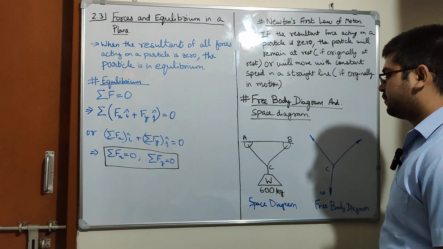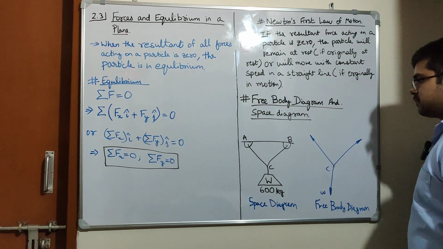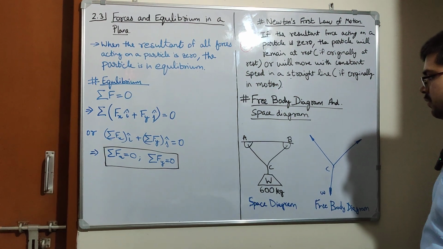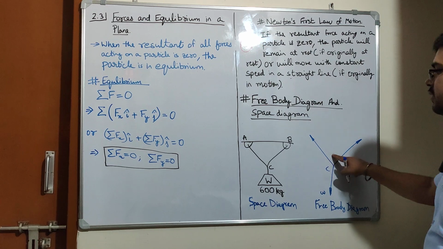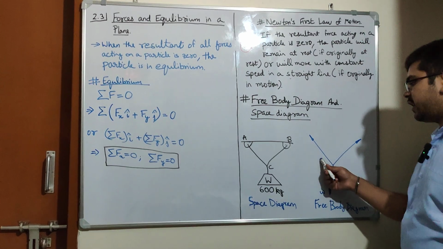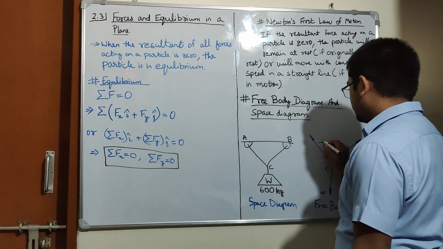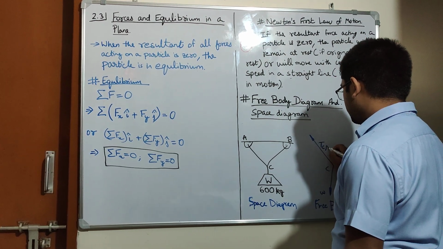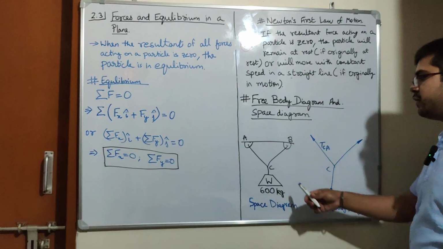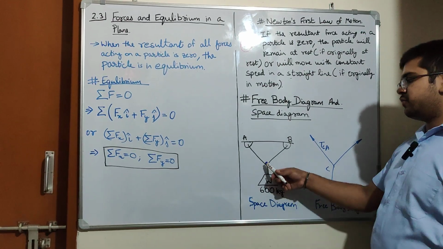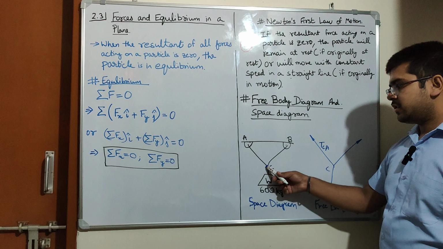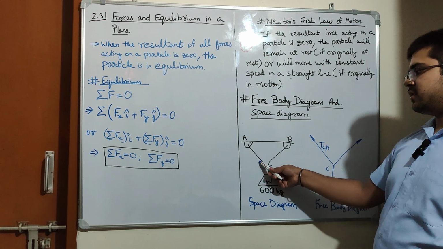So we denote this tension by TCA. Because we all know that this weight is acting downward, this tension force would be acting in this direction.